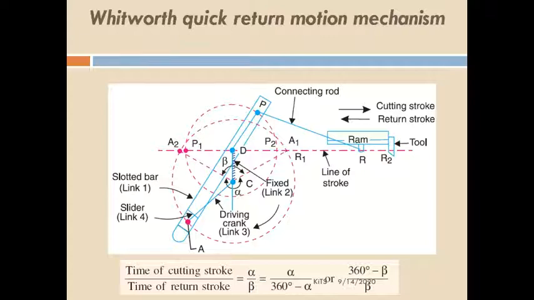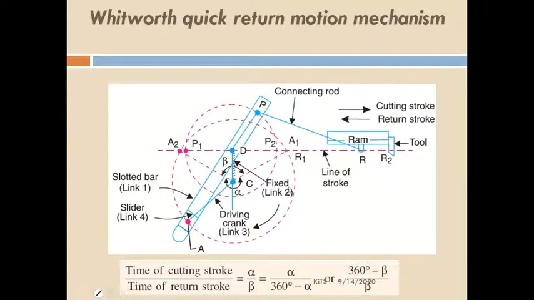Okay. In the machinery items, you might have seen this one: cutting stroke, return stroke. Most of the time, the forward stroke will be the cutting stroke. In the return stroke, the tool won't do any work.